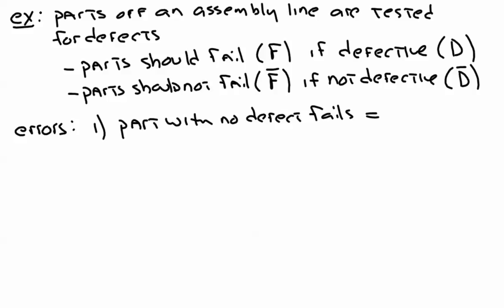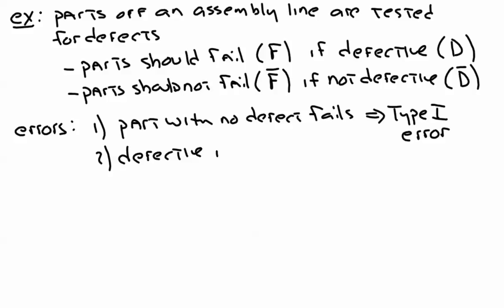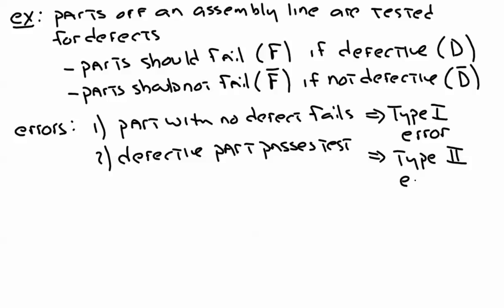This is called a type 1 error. A non-defective part fails the test. The second type of error is that a defective part might pass the test. This is known as a type 2 error.